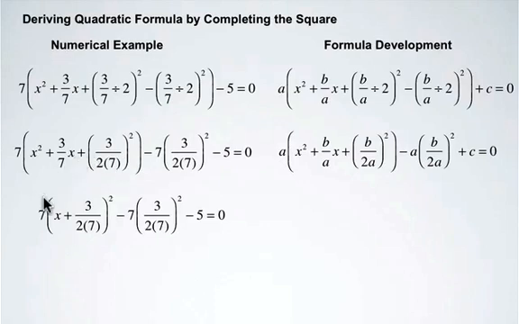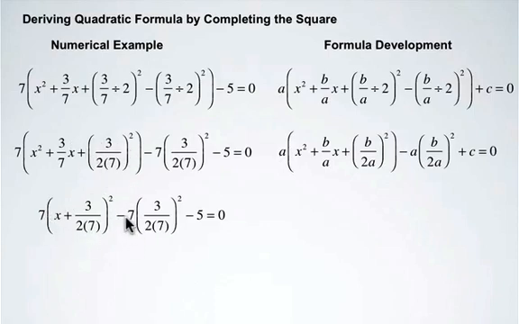Now what we have is our factored form. So we've taken these big brackets and reduced it to x plus 3 divided by 2 over 7 squared. So our x squared becomes our x, and our 3 divided by 2 times 7 is here. And it's squared. So we factored this trinomial.